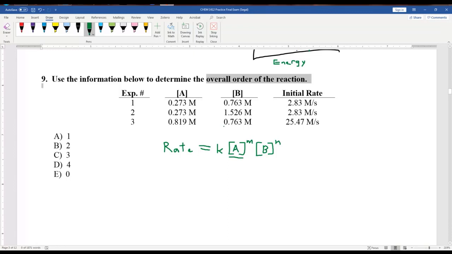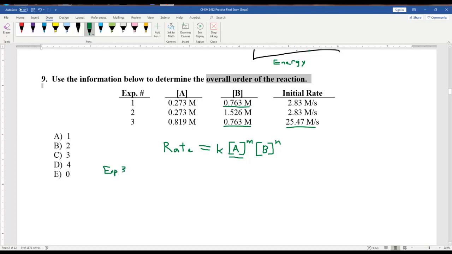If I look at these, B is the same for experiments 1 and 3. Since B is not changing, I can use this to figure out what the effect of A is on the rate. Generally speaking, I like to put the one that has the higher rate on top, because that's going to make it a little bit easier when I do the calculations later on. Okay, so experiment 3 is going to go on top.